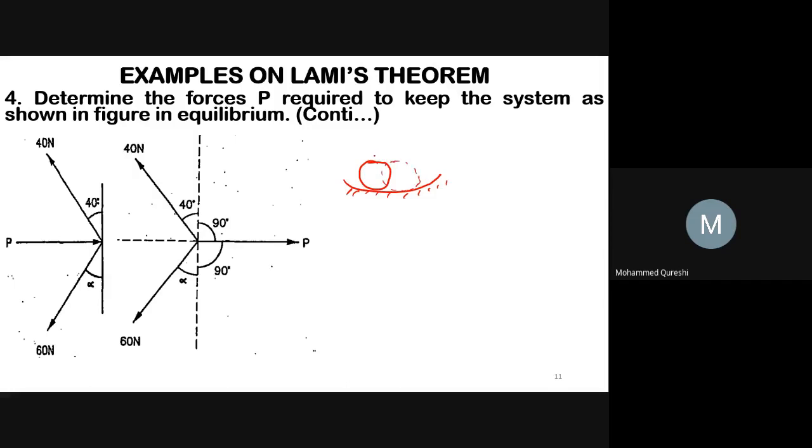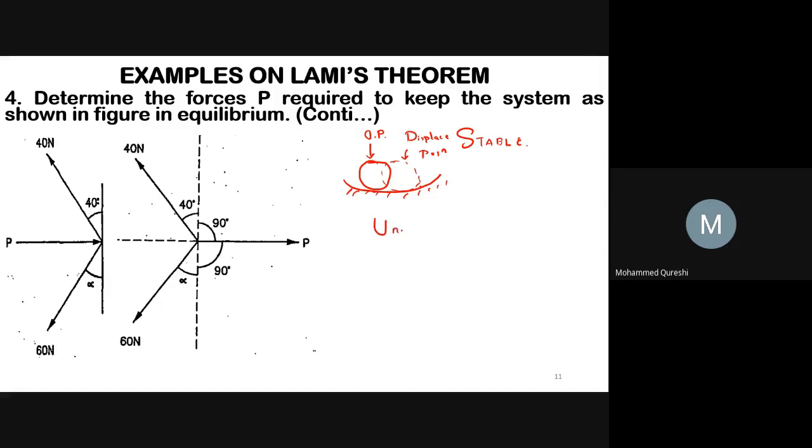A body is said to be in stable equilibrium if it returns back to its original position. This is the original position and this is the displaced position. So, a body is said to be in stable equilibrium if it returns back to its original position after it is slightly displaced from its position of rest.